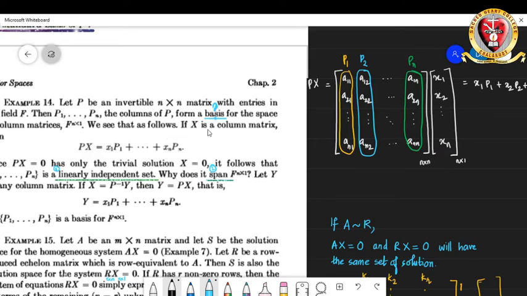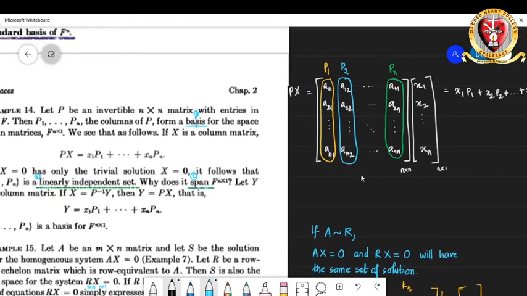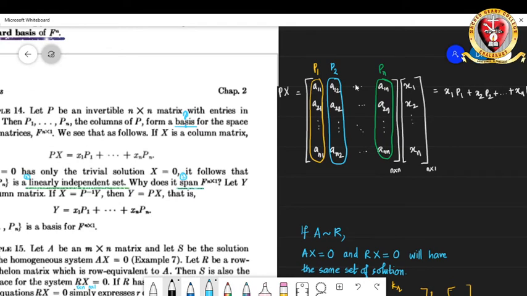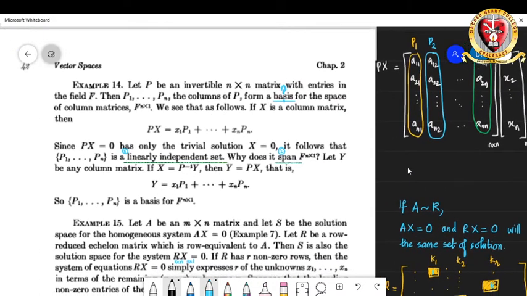So if Px is equal to 0, you can multiply these matrices and see that this term is what you obtain as an n by 1 matrix.